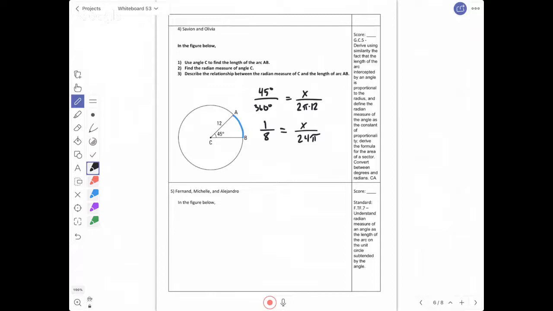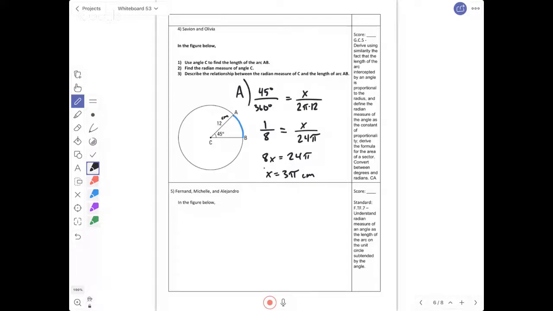So 8x equals 24 pi. So x equals 3 pi. Centimeters, units, some units. Let's say centimeters. And that was A.